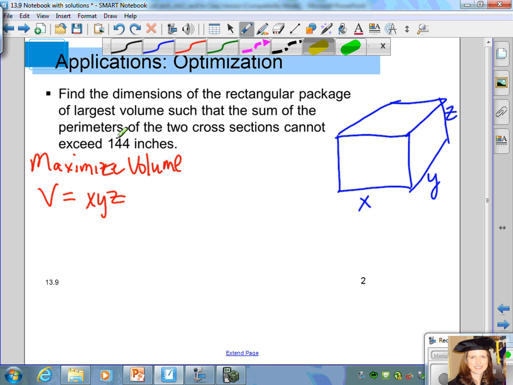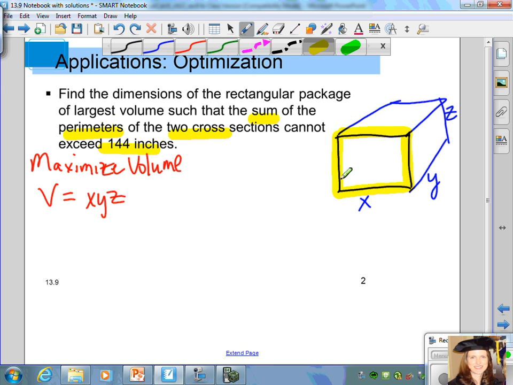Now we do know that the sum of the perimeters of the two cross sections cannot exceed 144. To maximize this volume, we want it to equal the greatest, 144. So let's look at what that means. Two cross sections. If you're looking at a cross section of this rectangular solid, one cross section would be going in this way.